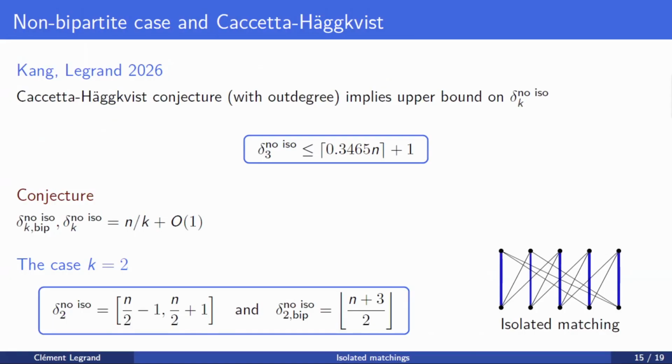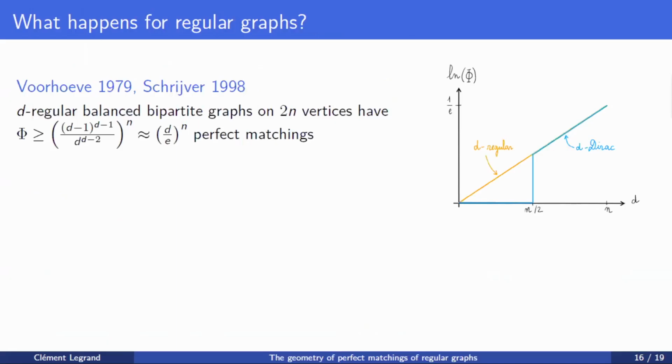Okay, I will slowly start going towards a conclusion. One thing you can think of is the motivation we had initially: whenever you have a lot of perfect matchings, they should sort of start clustering together and becoming close to one another. Another setting where you have a lot of perfect matchings is if your graph is balanced, bipartite, and regular.